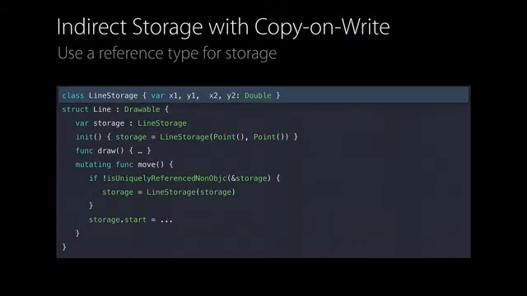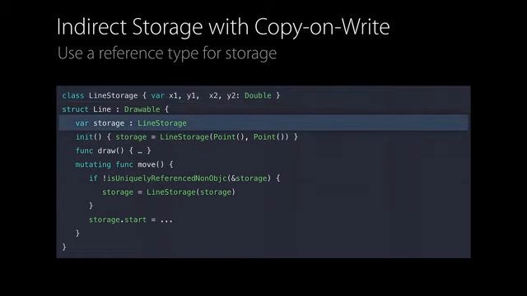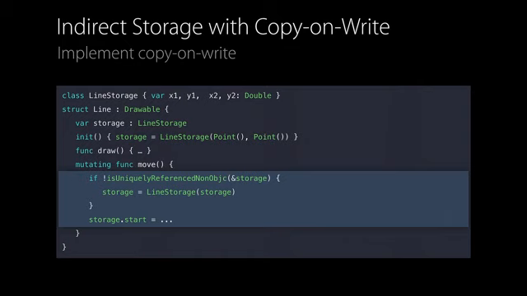Instead of directly implementing the storage inside of our Line, we create a class called LineStorage that has all the fields of our Line struct. And then our Line struct references the storage, and whenever we want to read a value, we'll just read the value inside of that storage. However, when we come to modify, mutate our value, we first check the reference count.